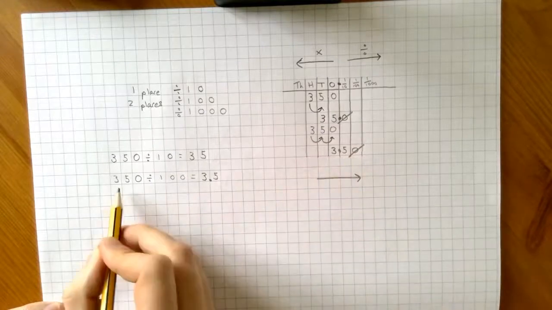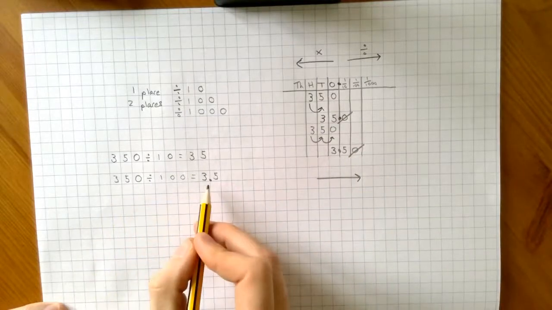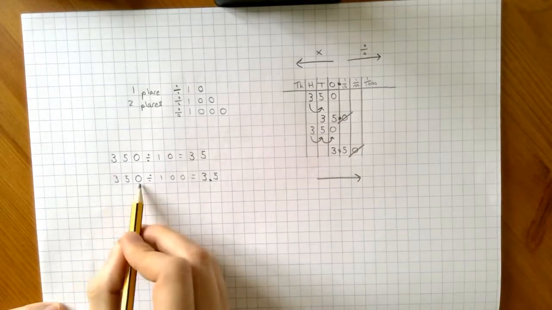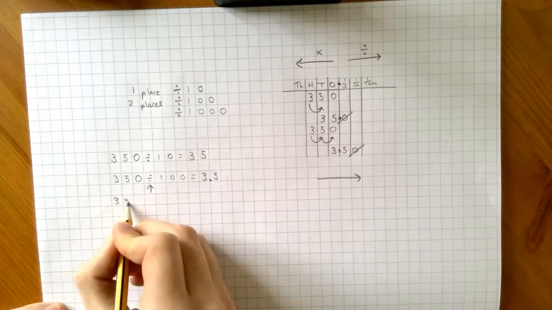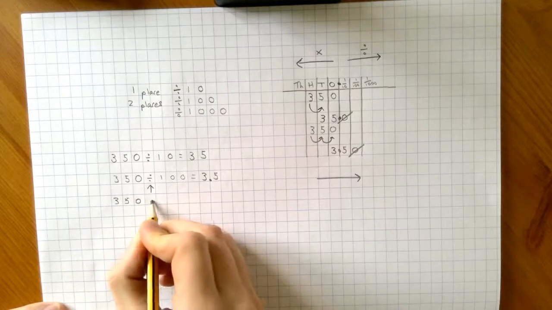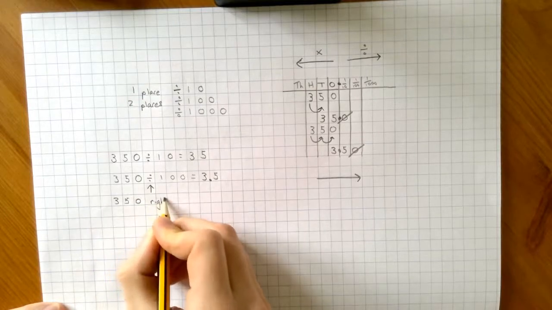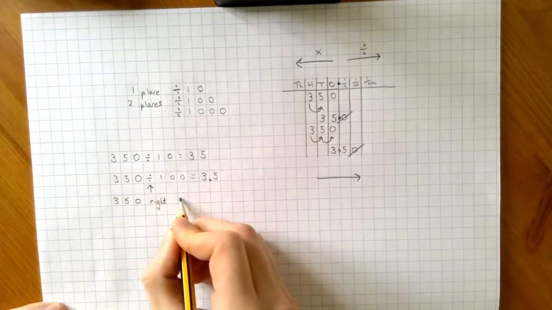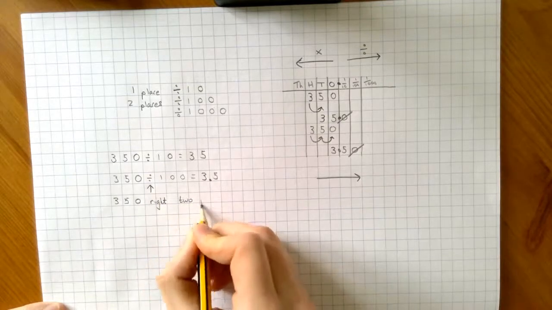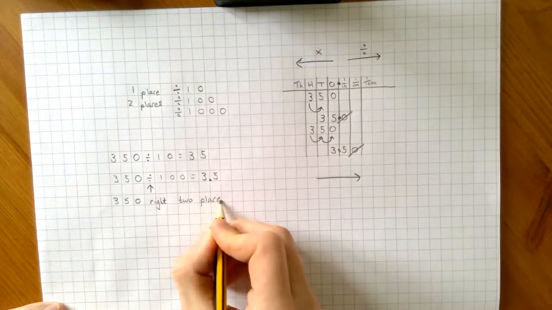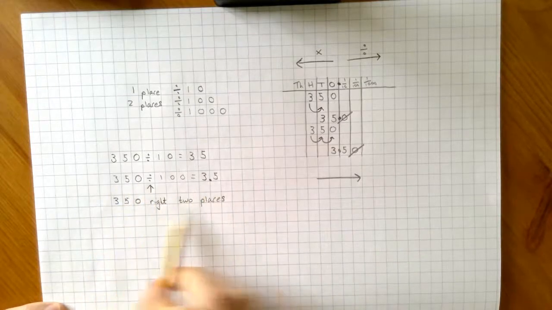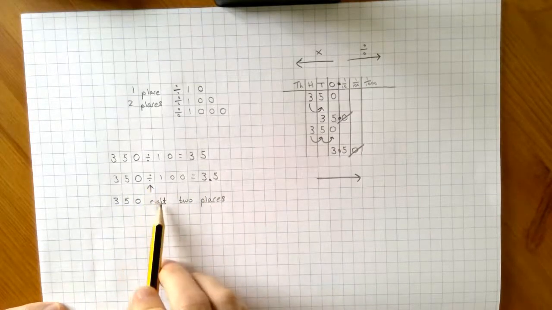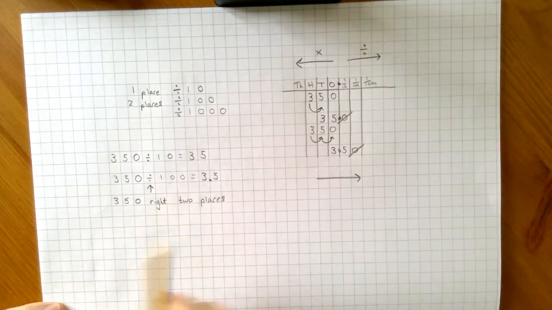Again, when you're starting with your question, that's your starting number. Think about it as 350. We know we're moving to the right because it's divide, and here it was moving 2 places. It might help when you've got your initial question to write it out as a set of instructions. We know it's divide, it's to the right. We know it's 2 places because there's 2 zeros.